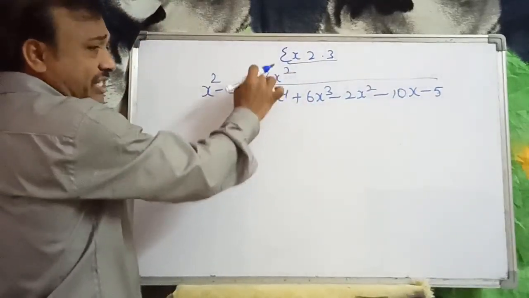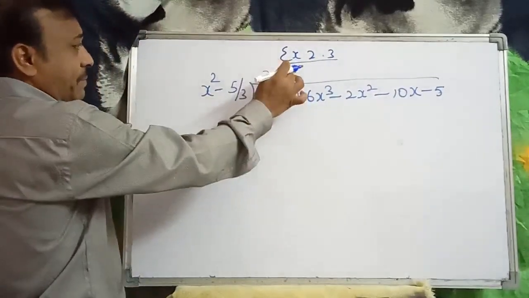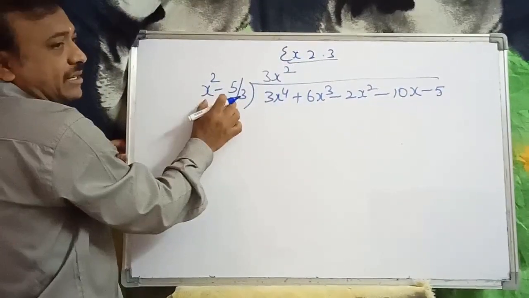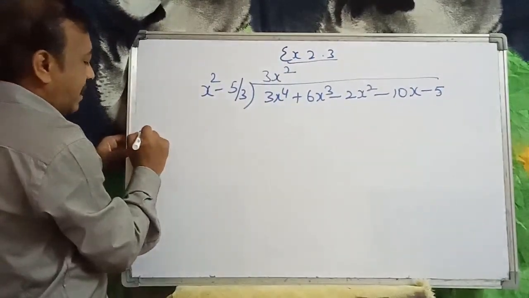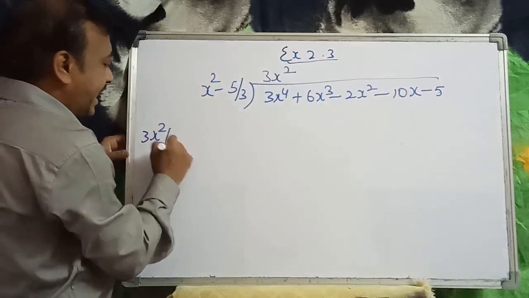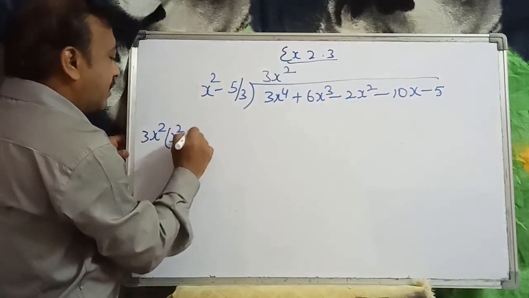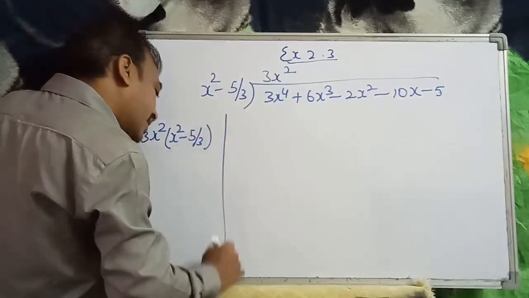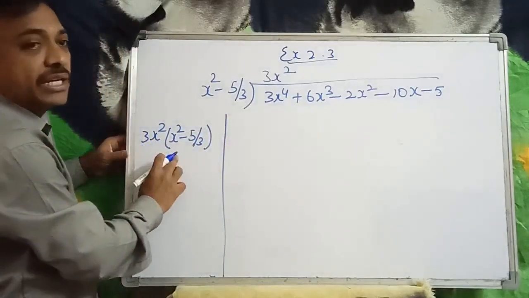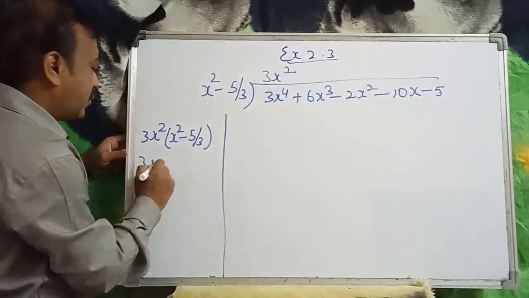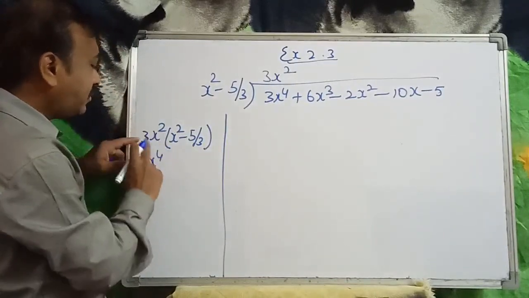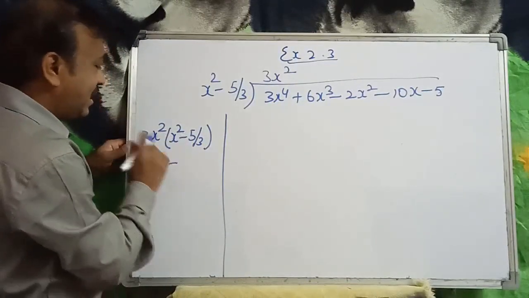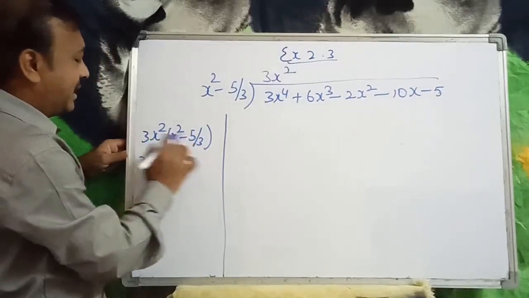Here, for the first step, I am talking. Now multiply this with the divisor. Here is the rough work I am doing: 3x square into x square minus 5 by 3. Observe it carefully. 3x square into x square is 3x to the power 4, plus into minus, minus 3x square into 5 by 3.